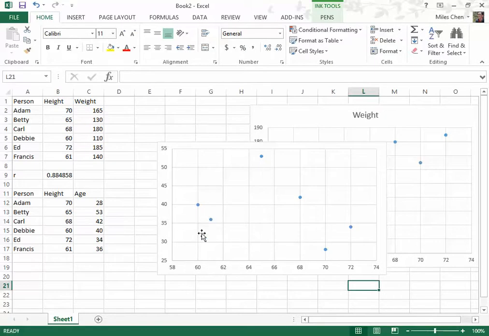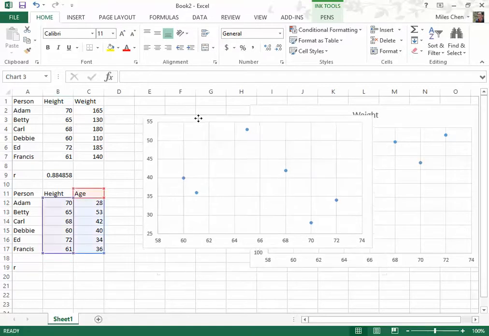So can we calculate R? Can we calculate correlation for this? Is it possible? Yes. Okay, we have two numeric variables, right? Height and age. So we can calculate correlation, but what do you think that R is going to be?